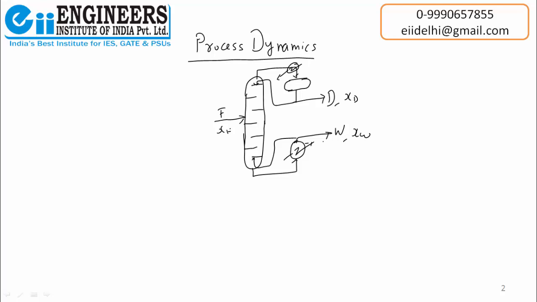Now this is a distillation column that is already installed in the industry. Let's say I want to open a new industry, and for that I want to purchase a distillation column. So we'll go to a chemical engineer and ask him to design a new distillation column for my project. Now to design a new distillation column, there are basically two options.